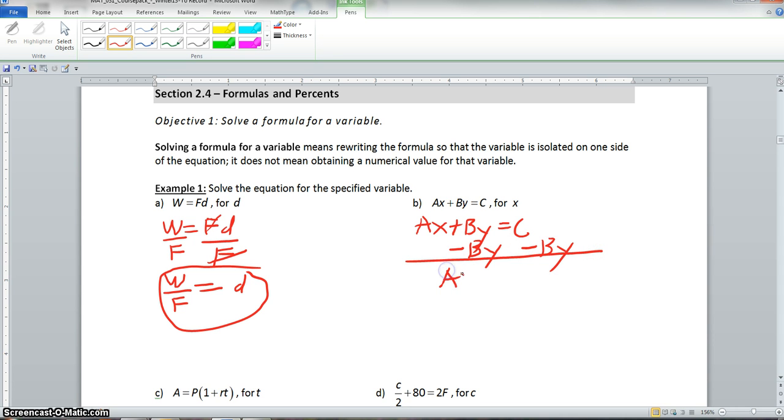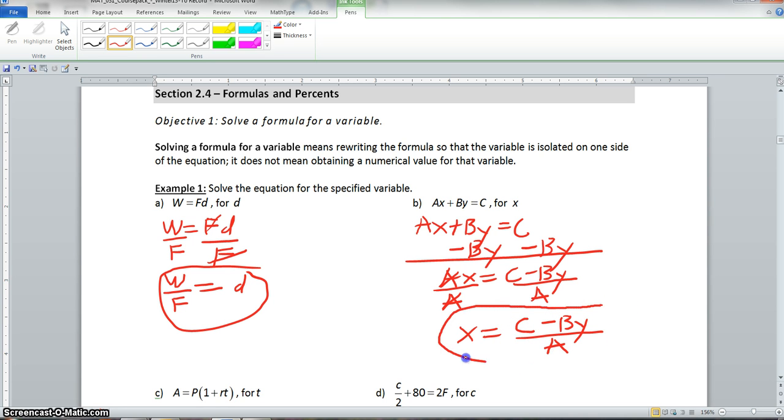So we will have AX is equal to C minus BY, and now we have to get X by itself, so we would divide each side by capital A. So these A's will simplify out, and we will have X is equal to C minus BY all over A. And that is our final answer.